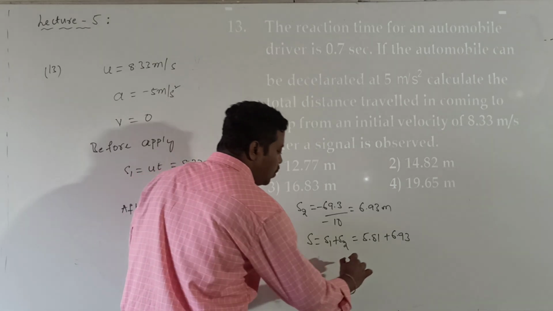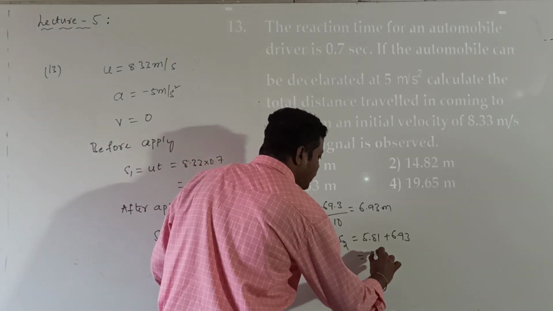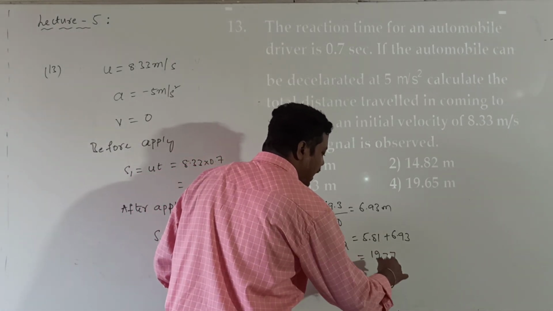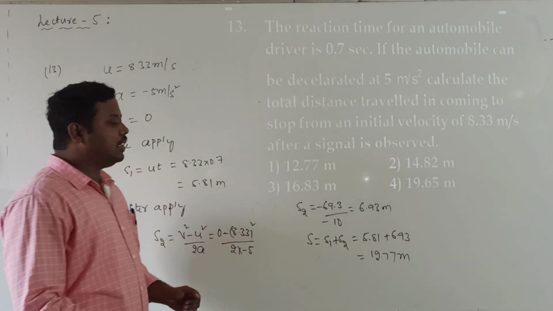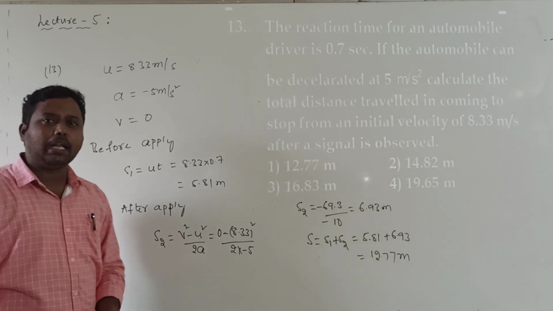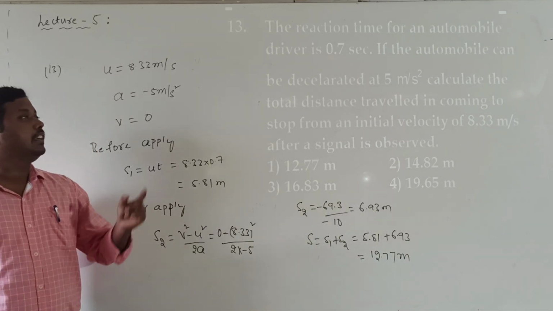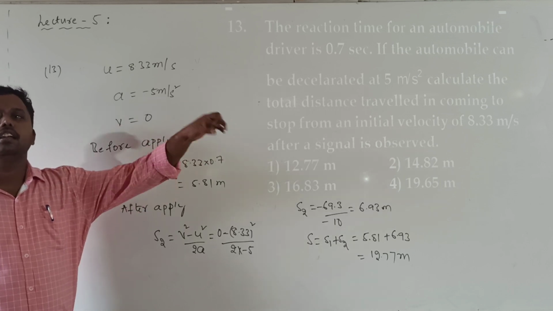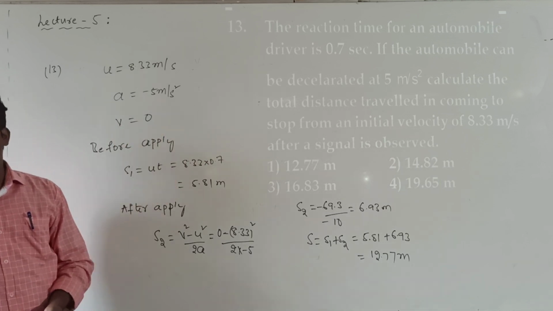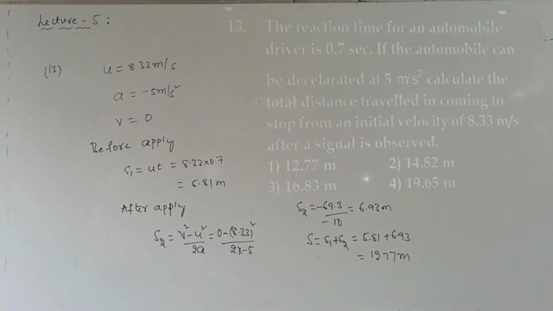Adding, we get the total value of 12.77, approximately; you can do the exact calculation. So the total distance travelled from the time the signal was observed is 12.77 meters. This is question number 13. We will continue with the next question.